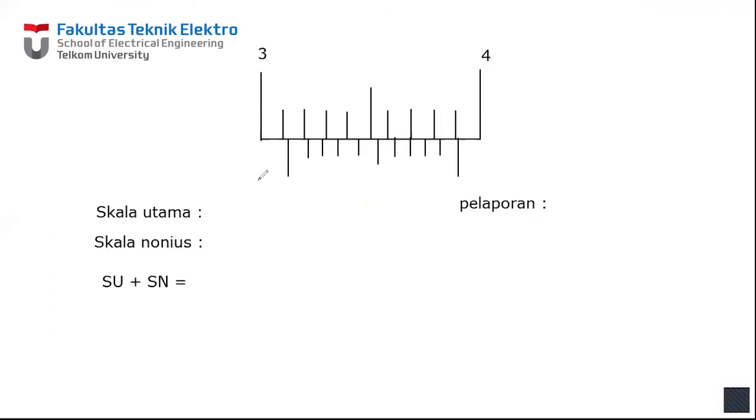Okay, right now I'm going to give you another example to measure with the calipers. And as we can see here, the main scale is between 3 and 4, right? And the zero of the vernier or nonius scale is started from number 1.